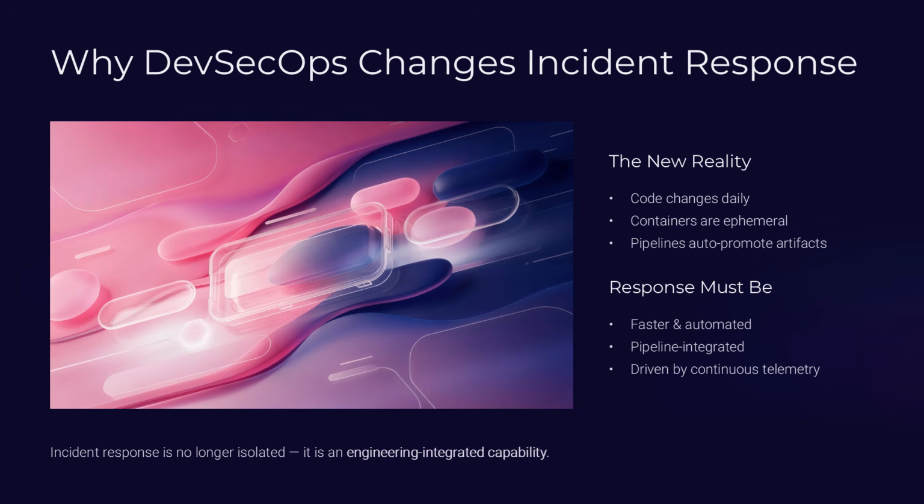APIs connect dynamic services. If a vulnerability is introduced, it can propagate rapidly across environments. Your response must therefore be faster, automated where possible, integrated with pipelines, informed by continuous telemetry. Incident response is no longer an isolated security team function. It is an engineering integrated capability.